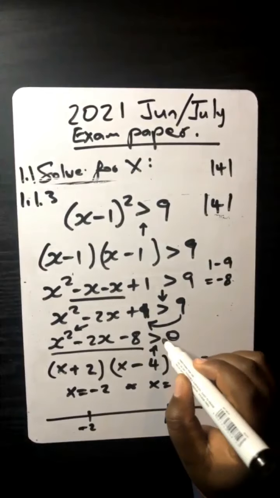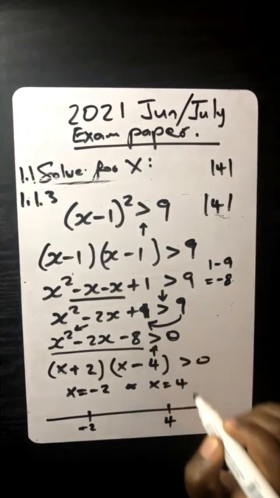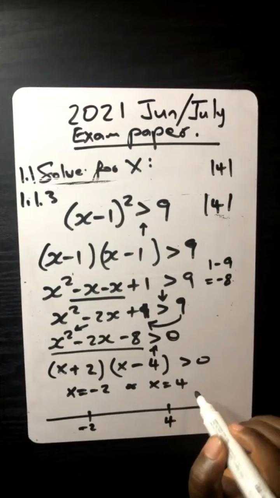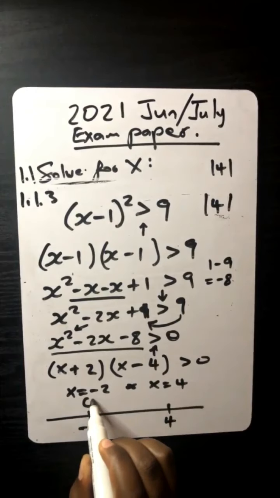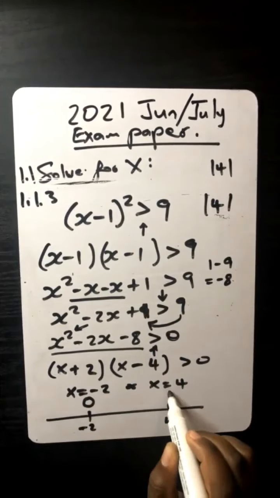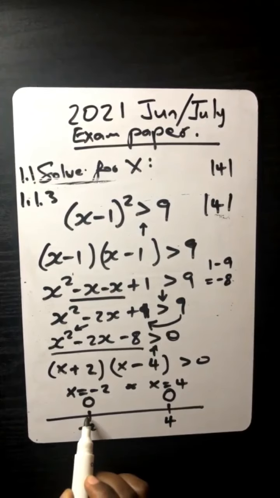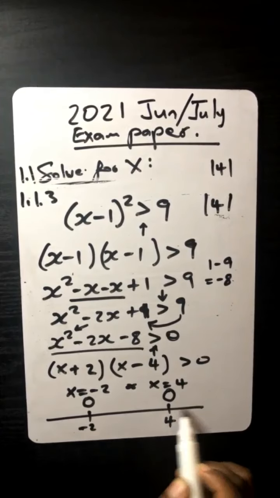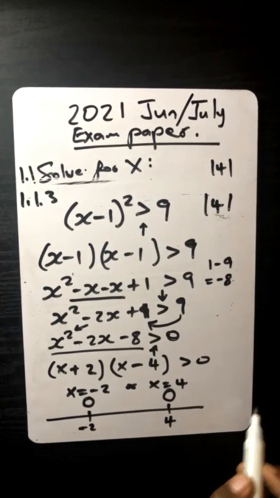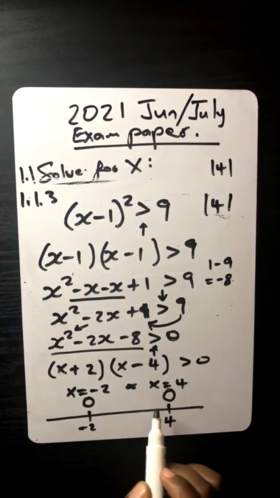So remember, guys, the inequality sign there is just a greater than. So that's why you make a circle which you do not shade. Now this is the part where you substitute values to check if you get a positive or a negative number.